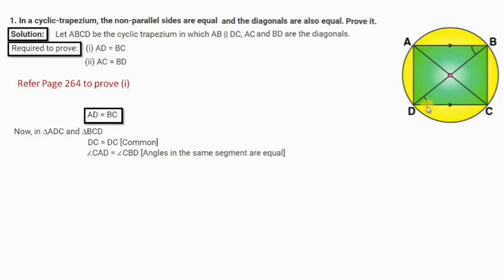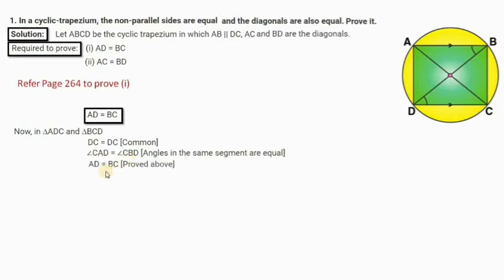Let us see where CAD and CBD are. This angle and this angle are equal because they are angles in the same segment. This is my segment, CD is forming the segment, and in this segment CD forms this angle and this angle, so they have to be equal to each other.